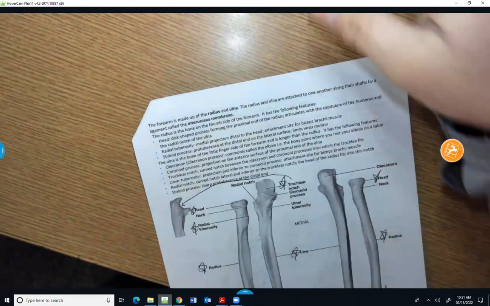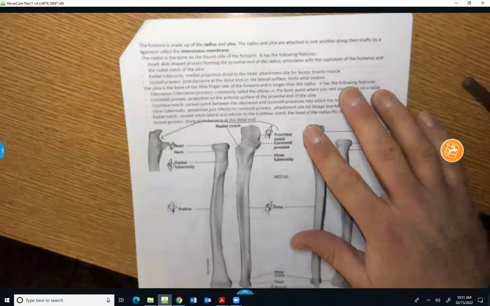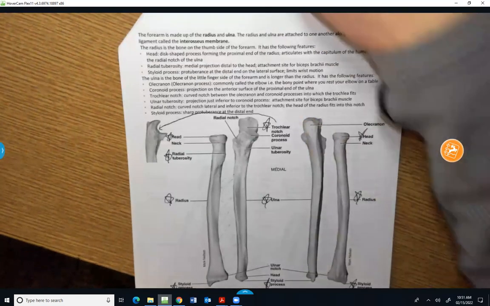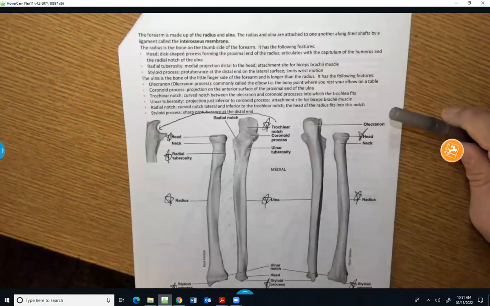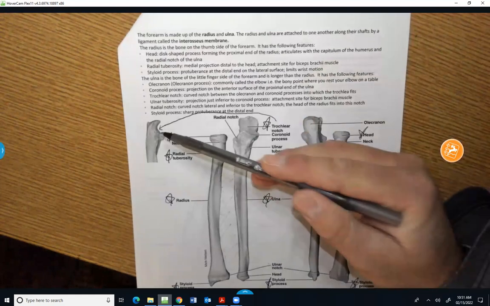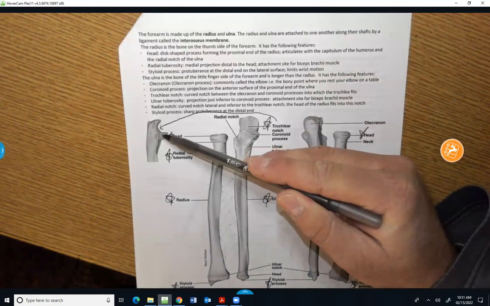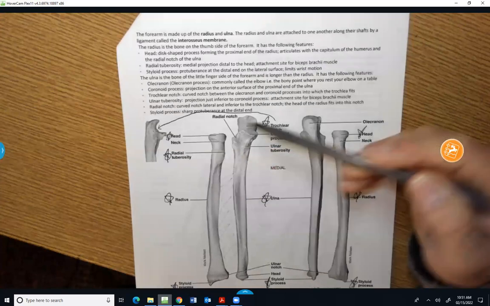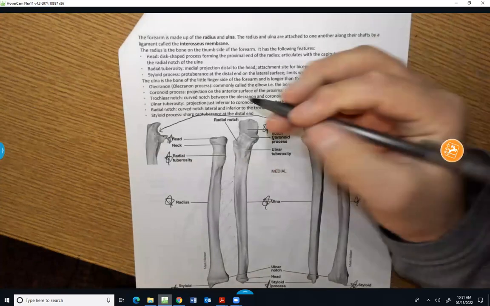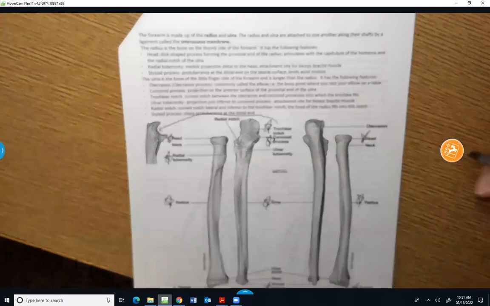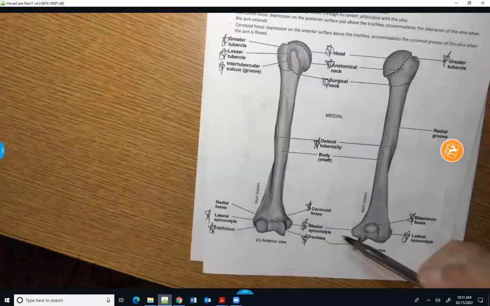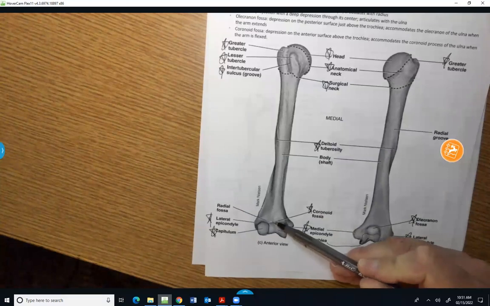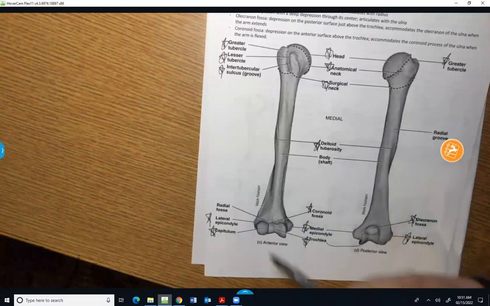When you move your elbow, you bend your elbow, you straighten your elbow, that's what the trochlear notch is doing. Now, these two points I talked about: this bottom one is called the coronoid process. That point right there, guess where it fits? The coronoid fossa. So that's what happens when we flex our elbow.